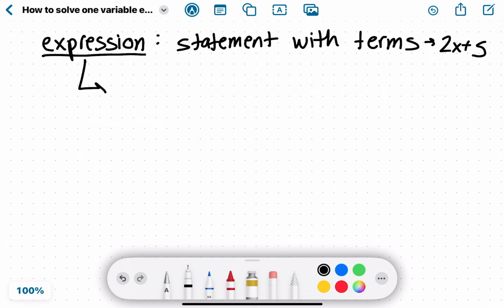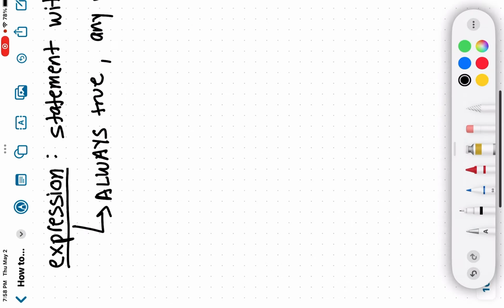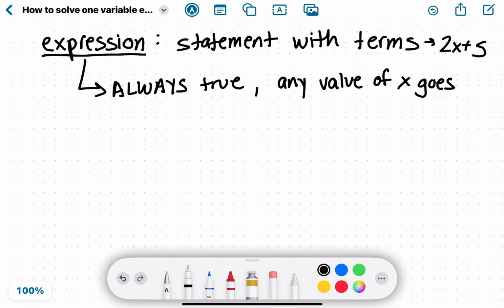It is always true because there's no solution. Any value of x goes, and it has to be right. For example, if you were to plug in 1 for x, 2 times 1 plus 5 is 7.